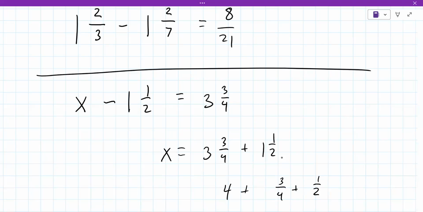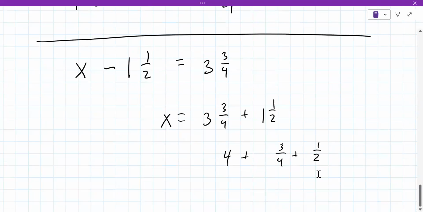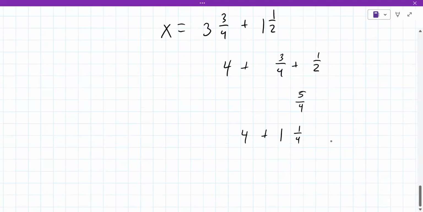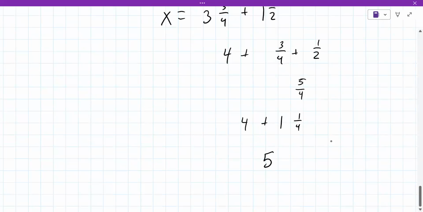You multiply it up by 2, so then that becomes 3 plus 2, that becomes 5/4. And then that becomes 1 1/4. So 5 1/4. Very good. Yep, you got it.